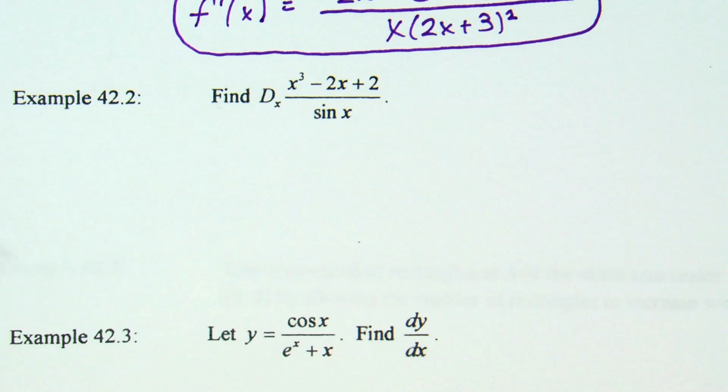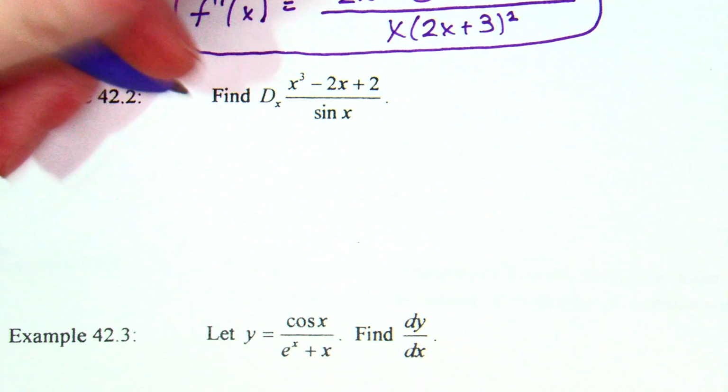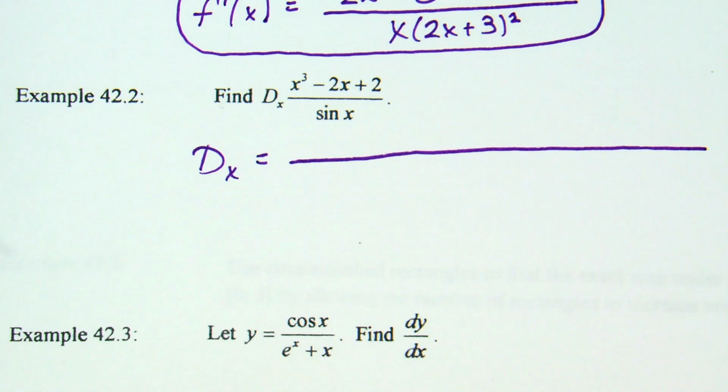Okay. It says, find the derivative with respect to x of x cubed minus 2x plus 2 all over sine x. So here we go. What do I start with? Derivative of the top times the bottom.